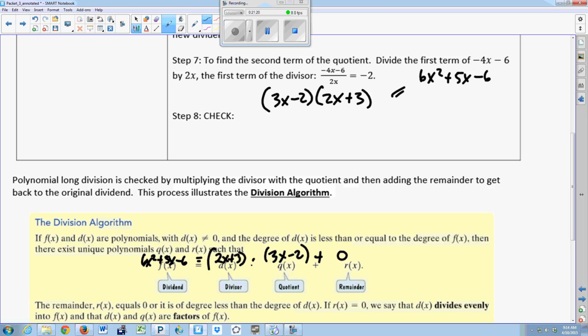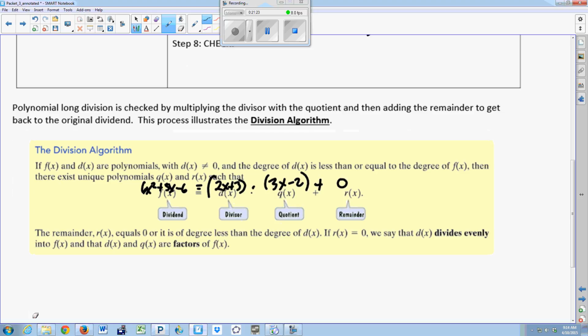Our remainder here was 0. So whenever the remainder is equal to 0, that tells us that 2x plus 3 evenly divides into our dividend, and therefore you create factors of your original dividend, in this case f of x.